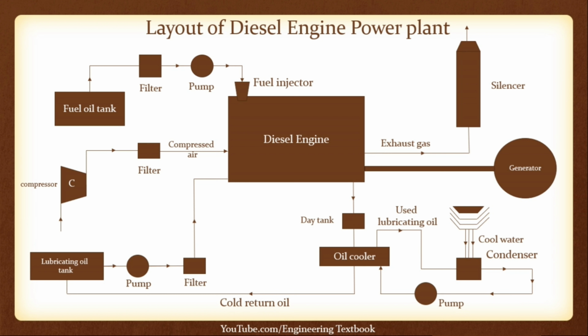The temperature of burning fuel inside the engine cylinder may vary up to 800 degrees Celsius. In order to lower this temperature, cooling is provided. For this purpose, cold water is circulated around the engine. The water takes away the heat from the engine and becomes hot. To recirculate this same water again for cooling, it is sent to a cooling tower.